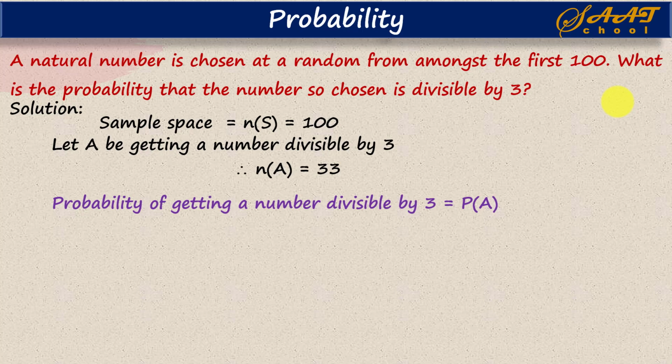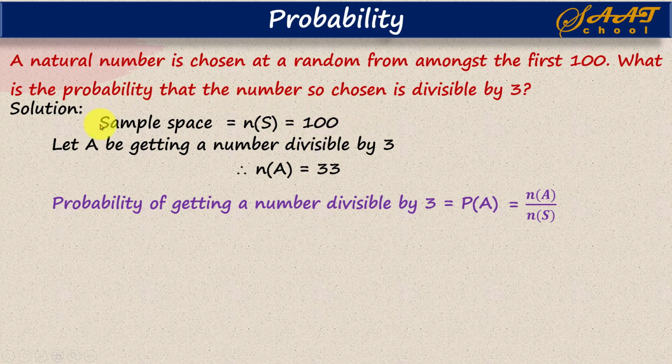Now, to find the probability of getting a number divisible by 3, we simply write P(A). So that is the probability of getting a number divisible by 3. Now we know the formula is n(A) divided by n(S). As we discussed in the previous video, n(A) is the number of favorable outcomes, and n(S) is the total number of possible outcomes. Here we have the possible outcomes, which is 100.